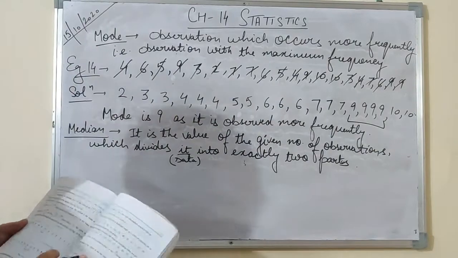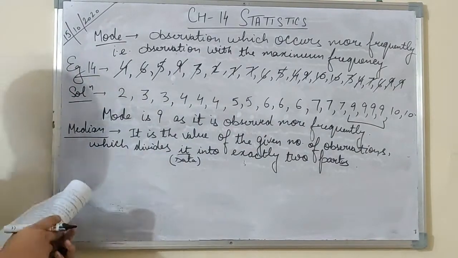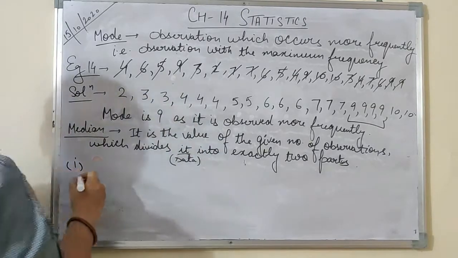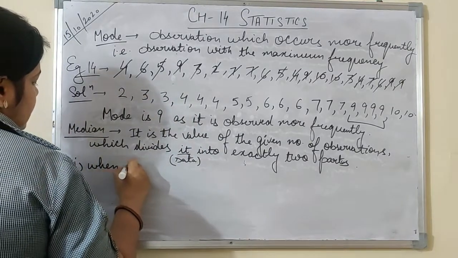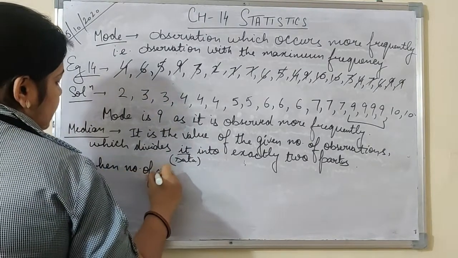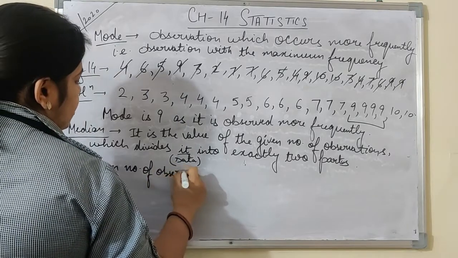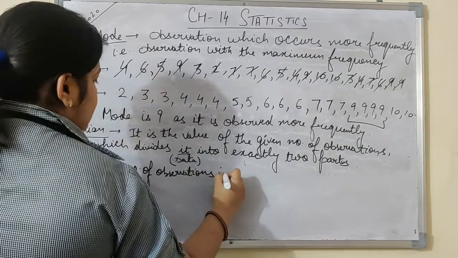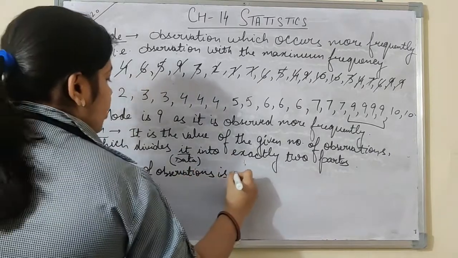I will explain when, let me write it here. First is when the number of observations is odd.